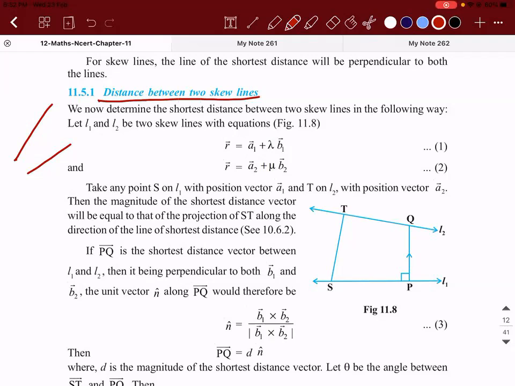Two lines that are not parallel will intersect only if they are in the same plane, in a two-dimensional system. Whereas here we are not dealing with a two-dimensional system, we are dealing with a three-dimensional system. Let me show you an example. Observe this.